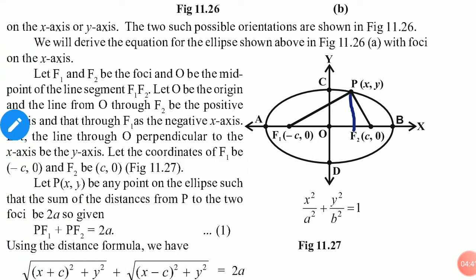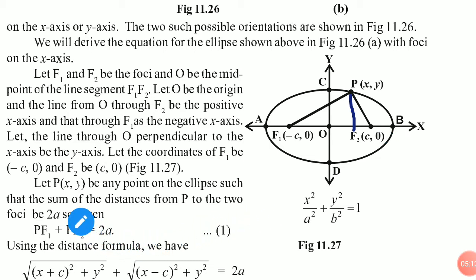So it will become a right angle triangle. Suppose this is the perpendicular from P on the x-axis. You know that in an ellipse the sum of the distances from both foci, PF1 plus PF2, is always equal to 2a.